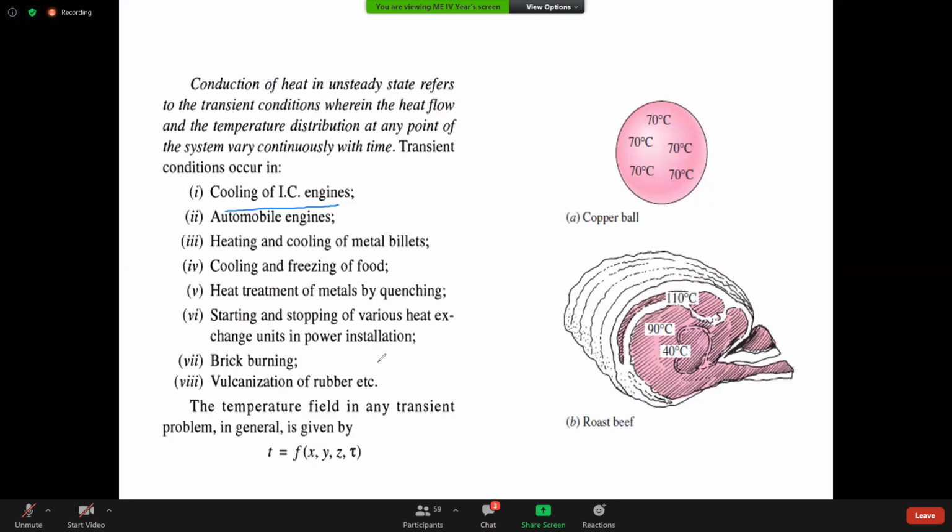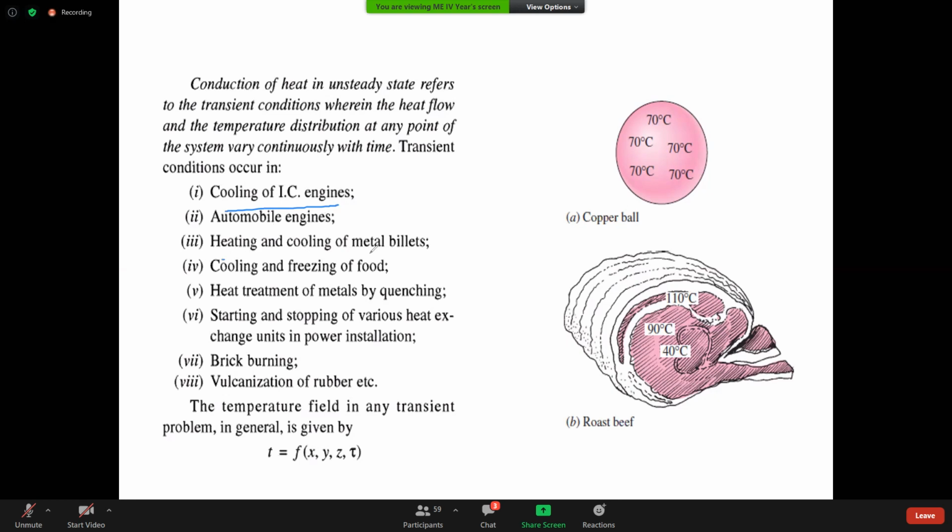If you take your bike engine, convection heat transfer is taking place, but the bike engine will not cool at once. Suppose you go some distance, come back and stop your bike at your shed, and you touch it and note the temperature. You don't get the same temperature throughout, right? Slowly it reduces. Immediately the temperature will not reduce.